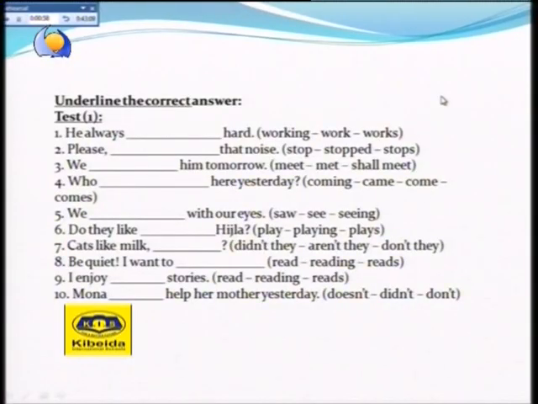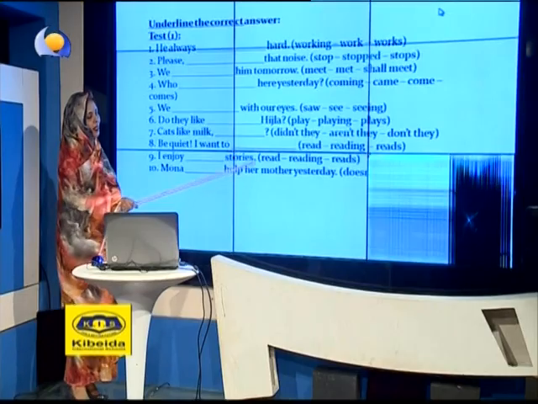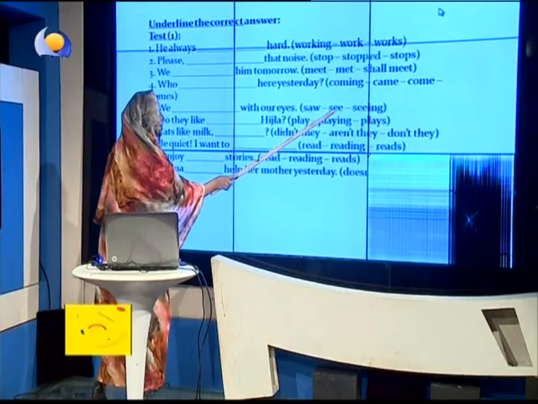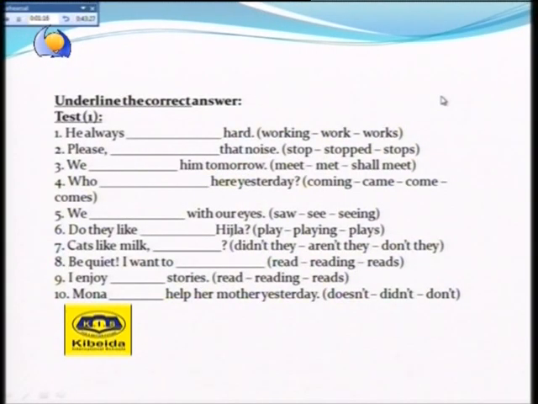Who came here yesterday? Number 5, we dash with our eyes. There is no adverb in this sentence to tell us the time, but try to think about it. We are talking about saw, see, and seeing. We see with our eyes because this is a fact.